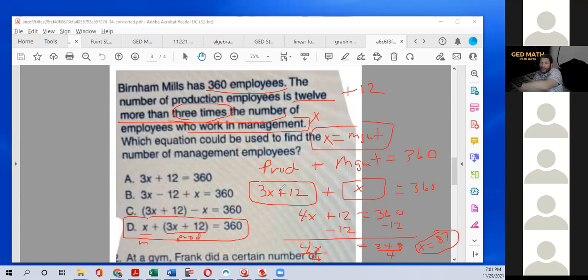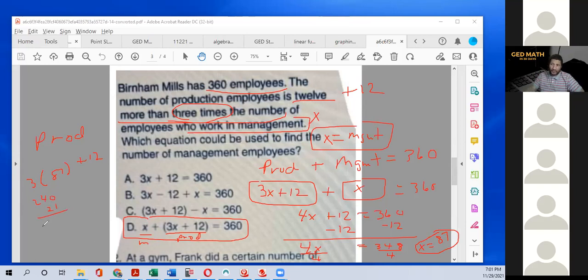To find out how much production you would have, I'm sorry, I'm gonna have to come over here. We got 3 times 87 plus 12. So you get 240 and 21, because 3 times 80 is 240, and 3 times 7 is 21.